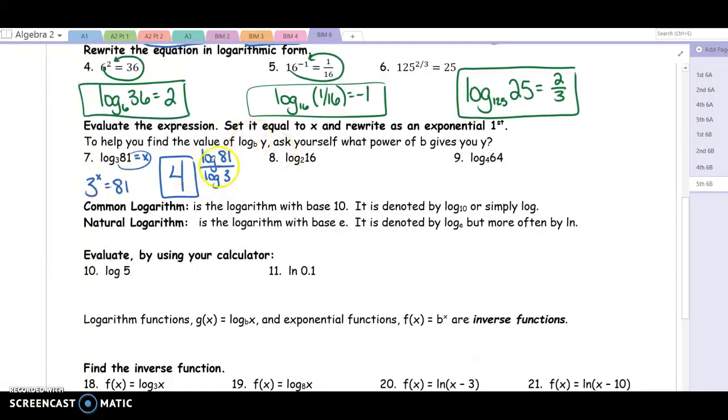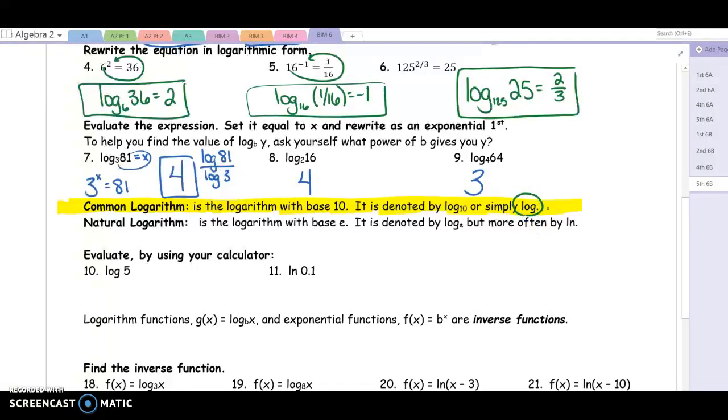For 8 and 9, you can either use the change of base formula or the log base feature of your calculator, whichever, but try both of those out. The log button on your calculator is called the common logarithm. The common logarithm is base 10, and we simply use log for log base 10.